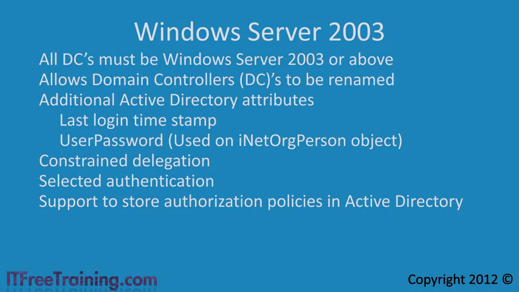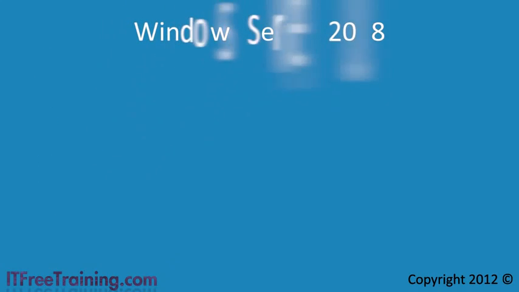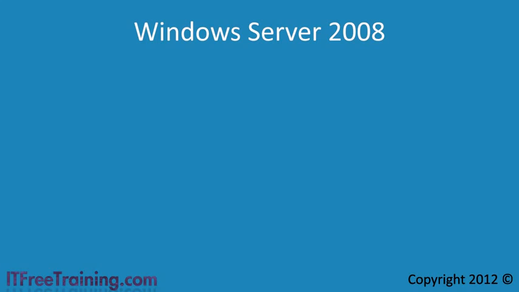The next domain functional level is Windows Server 2008. You may be wondering why there is no Windows Server 2003 R2 domain functional level. The reason for this is that the installation disks for Windows Server 2003 and Windows Server 2003 R2 are identical.